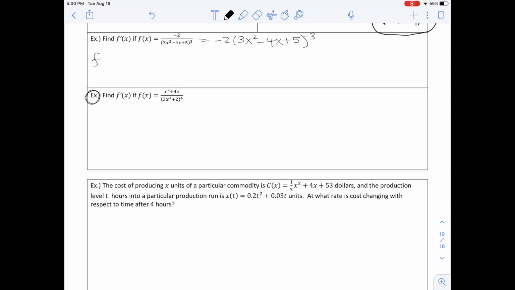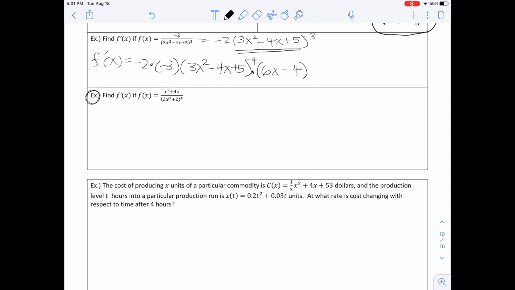Taking the derivative of this, I have my inside function, which is inside the parentheses, and I'll double underline. And I have negative 2 times negative 3 times (3x squared minus 4x plus 5), keeping that inside the same. Subtracting 1 from our exponent, we get negative 4. And then times the derivative of the inside, which is going to be 6x minus 4.